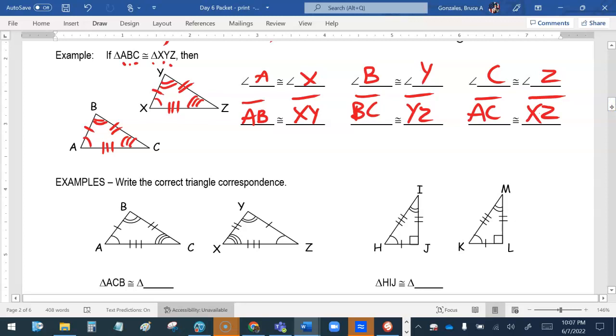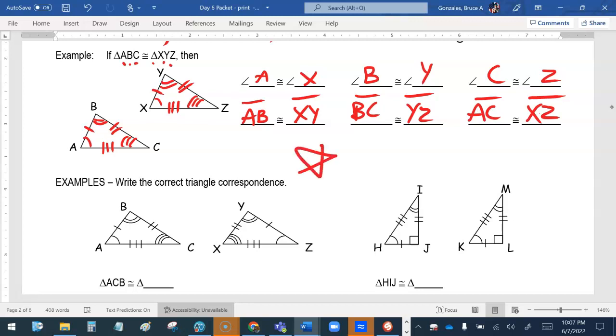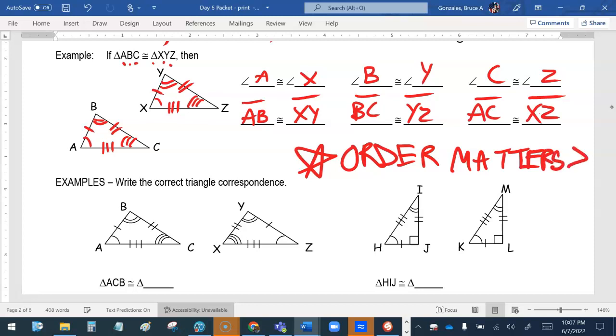Okay. So if you're given everything labeled correctly, then you should be able to put things in the correct order. Let's make a big mark here. Order matters. Very important note. You should write that down. Order matters, okay? Here's what I mean.